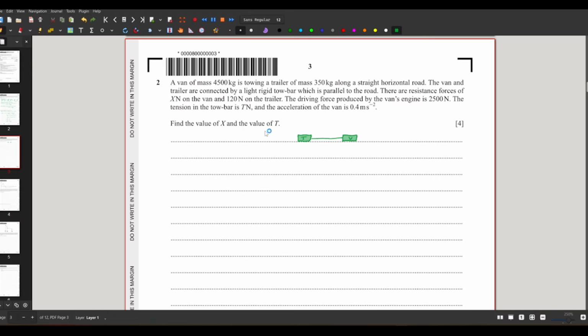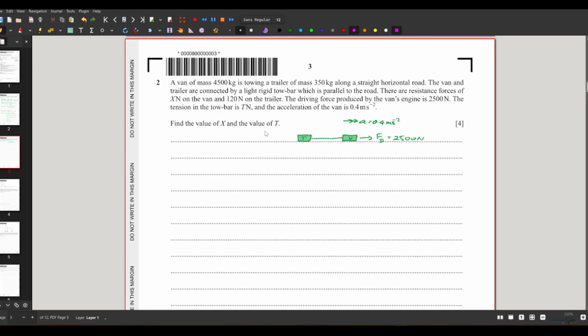And what else? Okay, they say that the driving force, let's say FD, is 2,500 newtons, and the acceleration is 0.4 meters per square second.